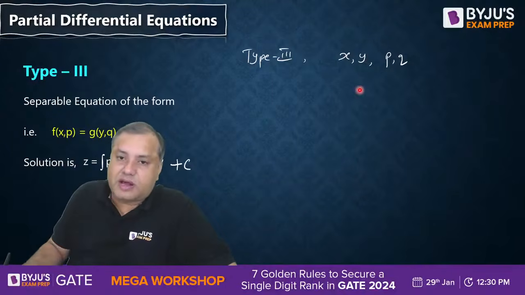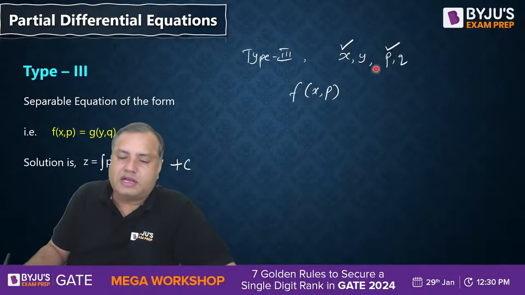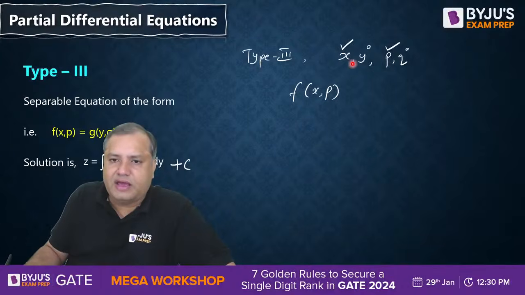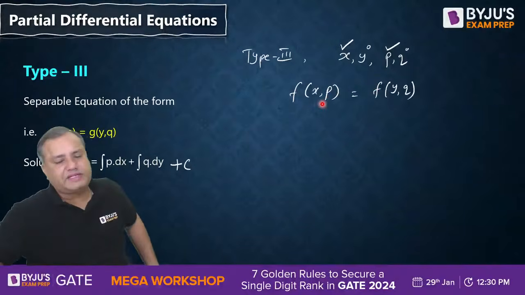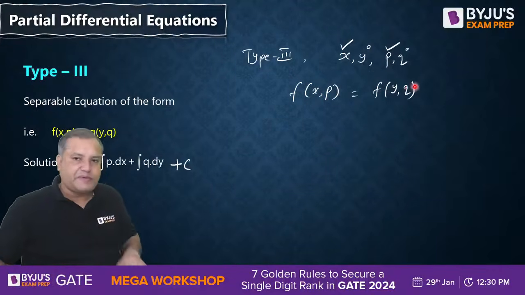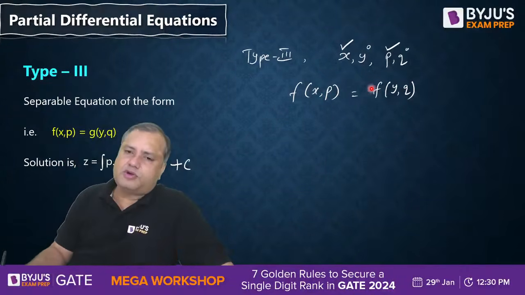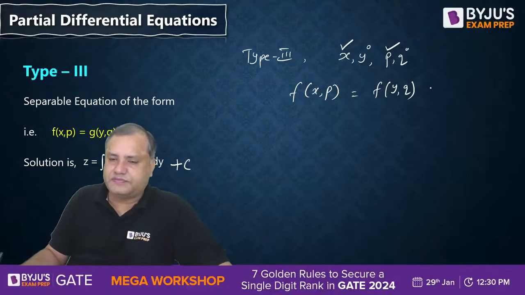This is of special type, meaning terms containing x and p can be separated on one side, and terms containing y and q can be collected on the other side. If you are able to do so, this is equated to some constant k.